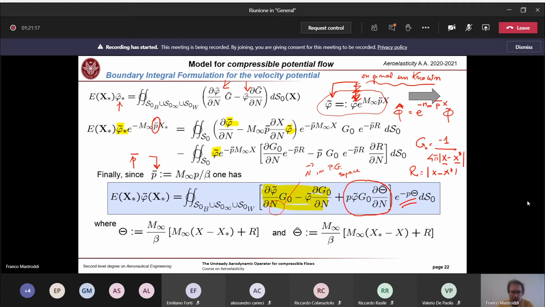Okay, now as concerning this part here, you know that you have p by phi tilde, and so in time domain you probably have a time derivative of the potential.